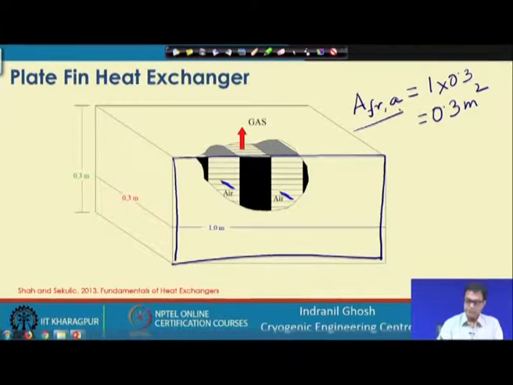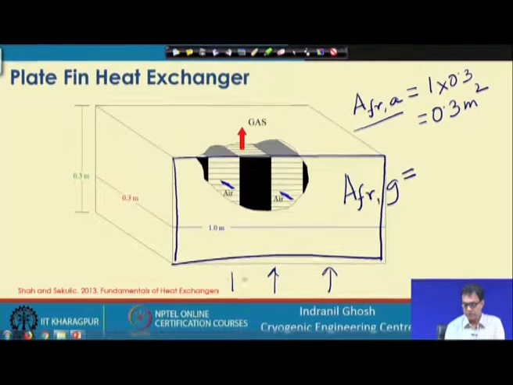And for the gas, A F G, so what is the flow side? This is the flow, but this is the way it is taking place. So, this is the surface area.